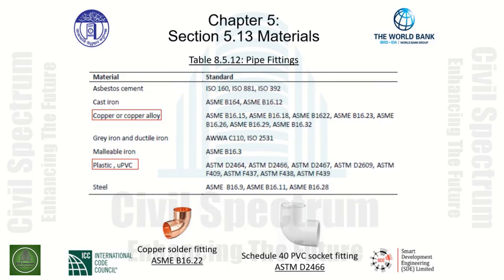We also have a table regarding pipe fittings. This is table 8.5.12. Materials are indicated on the left-hand side of the table for associated pipe fittings, and the standards are listed in the right-hand column. As an example, a copper solder fitting requires the standard ASME B16.22 for copper soldered fitting.